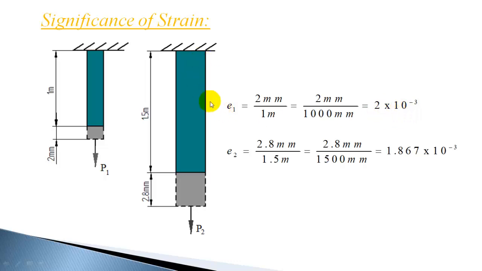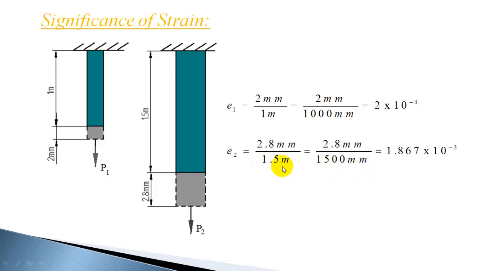So I have shown another bar which is 1.5 meter long, and due to the axial pull it elongates by 2.8 mm. Now in that case, strain in that bar is 2.8 mm by the initial length, 1.5 meter, which is 1500 mm.